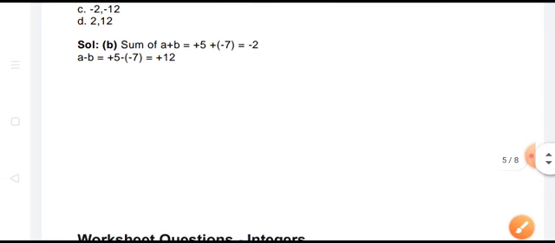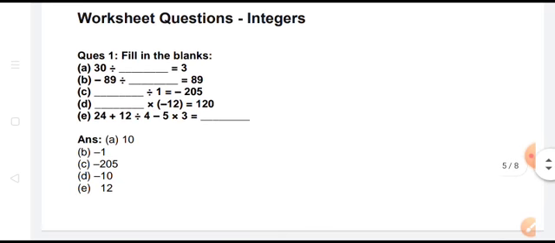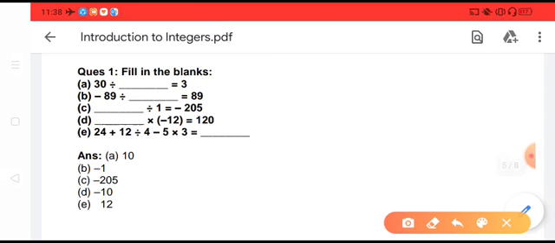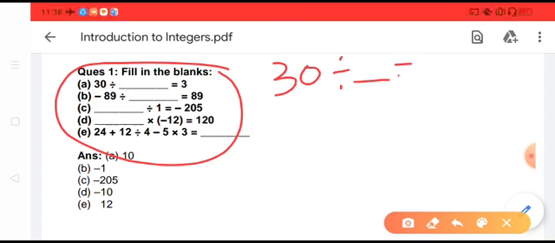Now here are some questions. We start one by one to do all the questions. The first is 30 divided by something equal to 3.